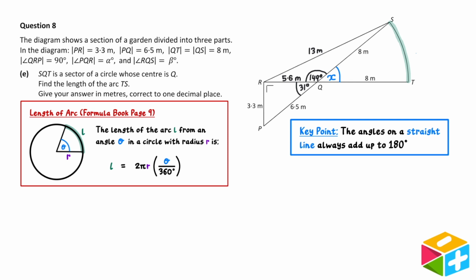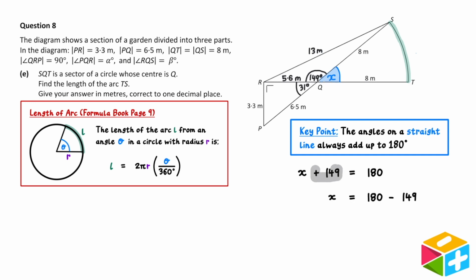We have a fact that the angles on a straight line always add up to 180 degrees. If we look above the line from R to T, the angles that are on it are 149 and x. Since angles on a straight line must add to 180, we have x plus 149 equal to 180.